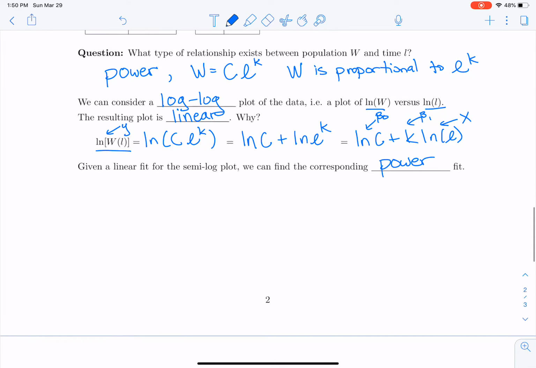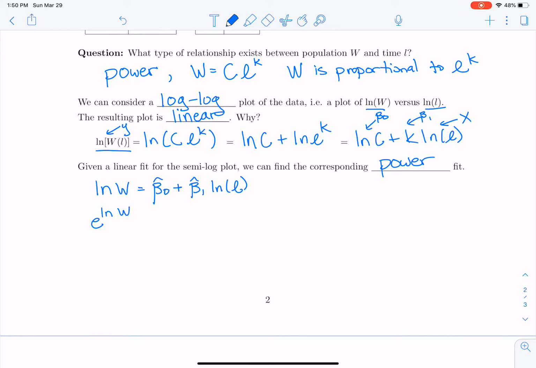So given that linear fit, our linear fit is going to be of the form natural log of W equals beta 0 hat plus beta 1 hat times the natural log of L. And then I'm going to do the same thing I did before. I'm going to exponentiate both sides.